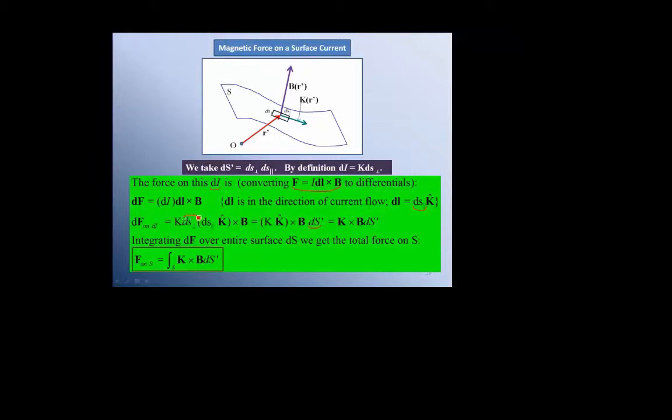This right here is the area dS. These are lengths, these are distances. Putting that in, we have the vector K cross B times this area element.